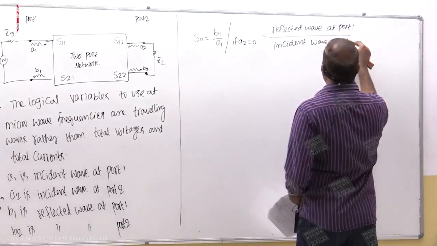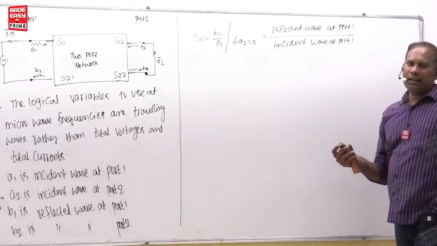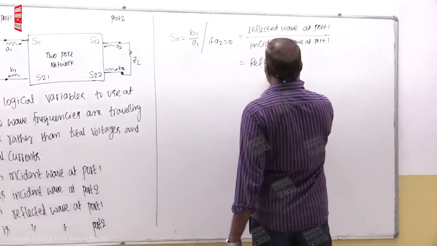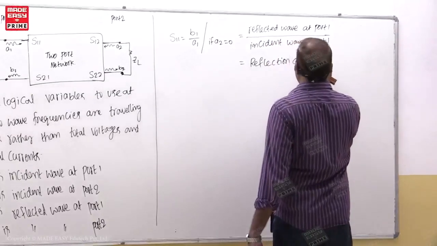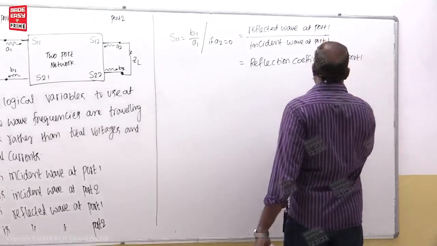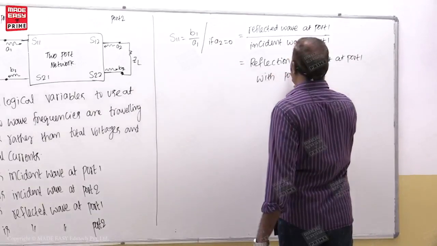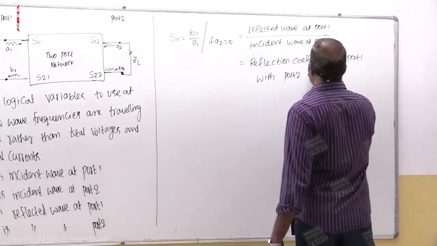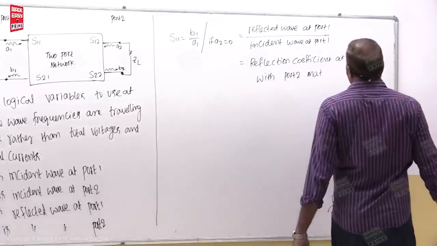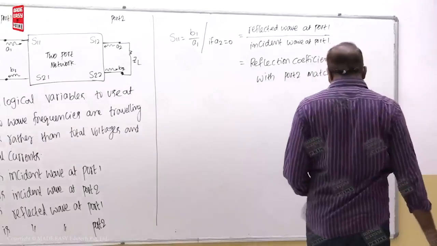Students, what is the definition of reflected by incident? That is called the reflection coefficient at port 1 with port 2 matched, right?